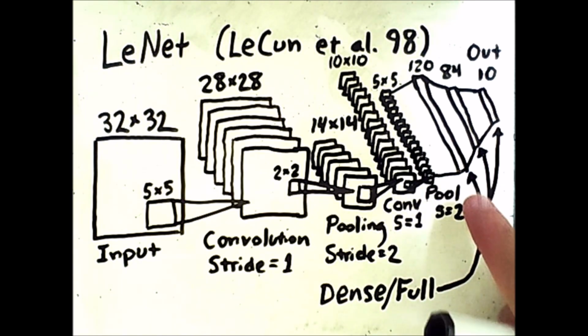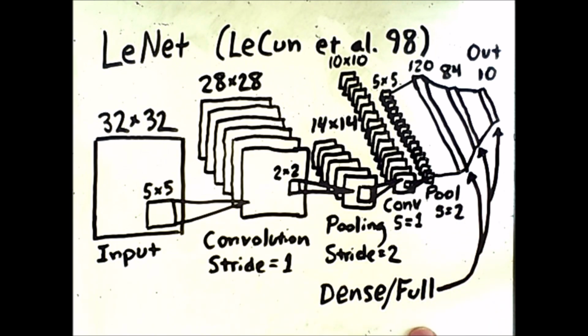Next, we have dense or fully connected layers. This is basically just a standard multi-layer perceptron. The logic behind this is that a feature map is, as the name implies, a bunch of information about the locations of features in the image.